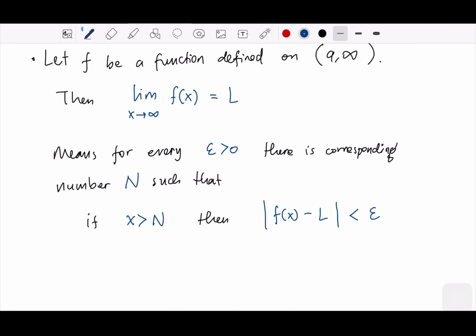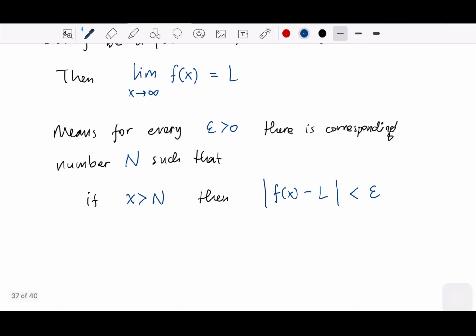Which means that their curves go toward a line that we usually call the horizontal asymptote.